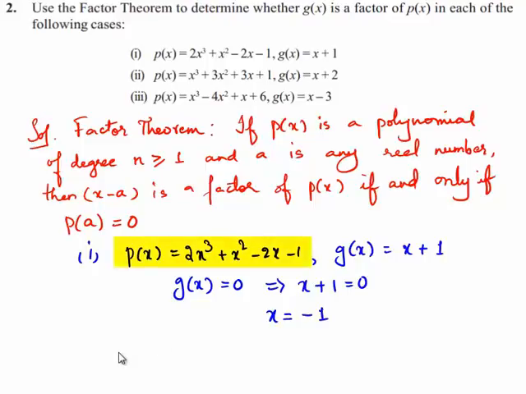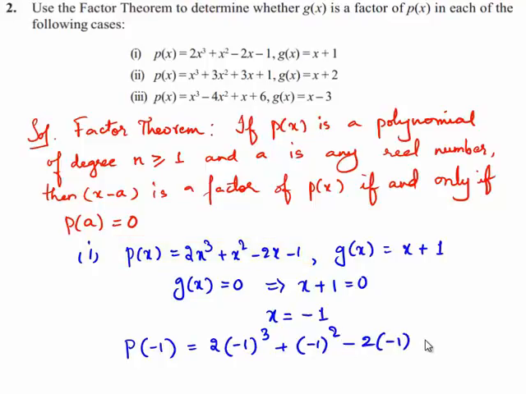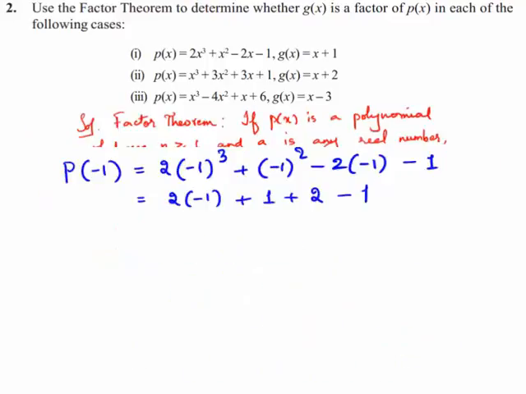So let us substitute minus 1 in the place of x, which gives P of minus 1 is equal to 2 times of minus 1 cube plus minus 1 square minus 2 times of minus 1 minus 1, which gives 2 times of minus 1 plus 1 plus 2 minus 1, which is equal to minus 2 plus 1 plus 2 minus 1.